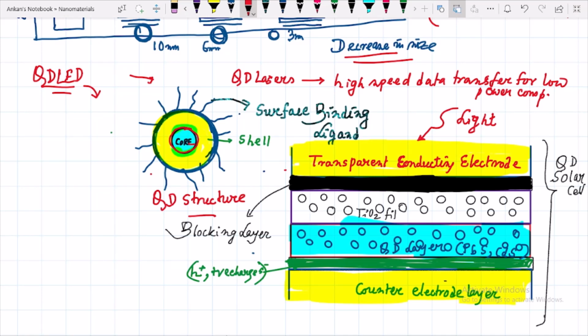The charged particles then separate out and travel to their respective electrodes, that is, the positive charges get accumulated at this layer and the negative charges get accumulated at this layer, so that charge separation happens there by the process of formation of electron hole pairs. Then the electrons and holes are separated and current conduction takes place.